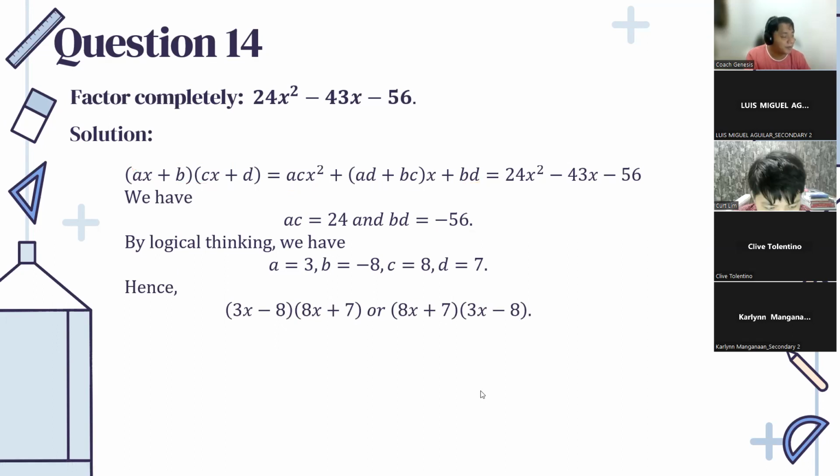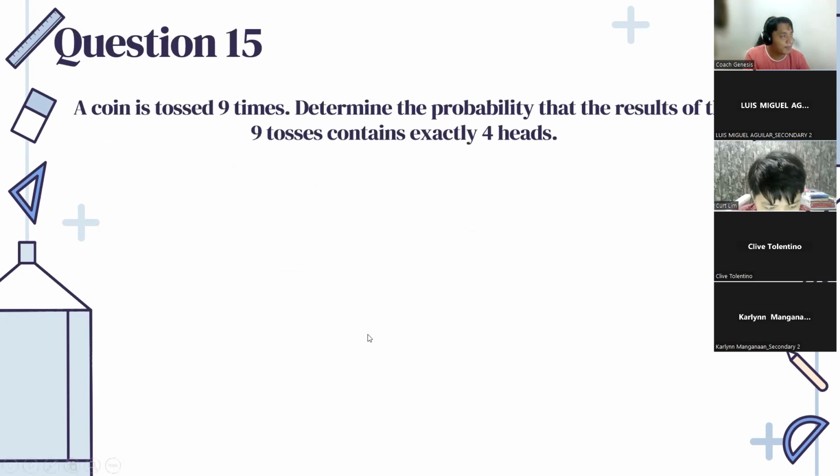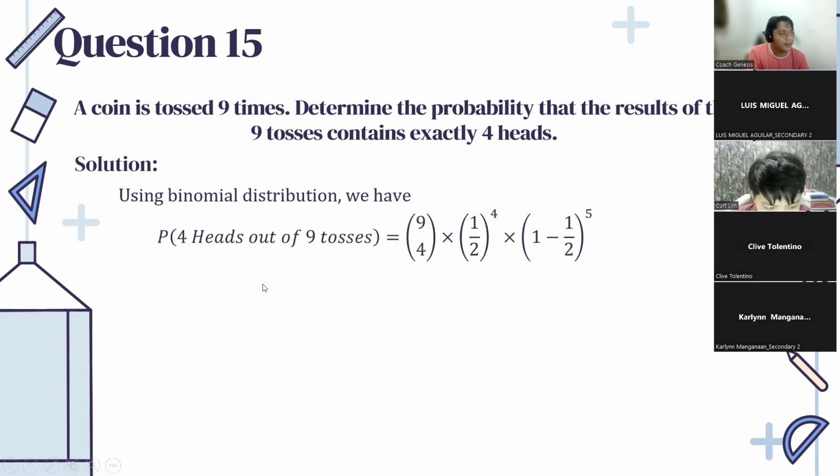And finally, number 15. A coin is tossed 9 times. Determine the probability that the results of the 9 tosses contains exactly 4 heads. Okay, so for this problem, what you can use is binomial distribution. So the formula for the binomial probability is something like this.